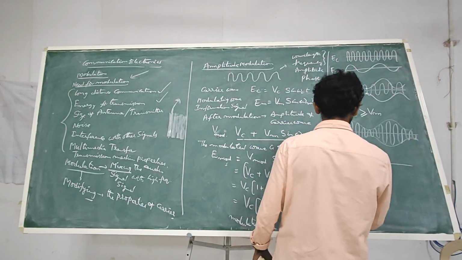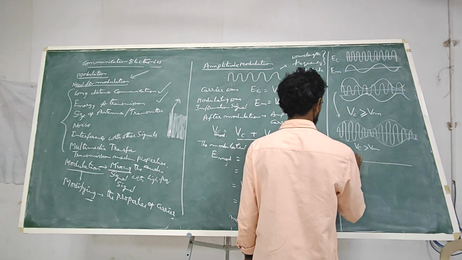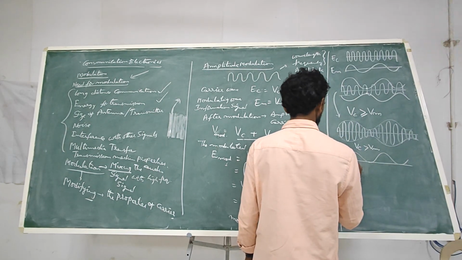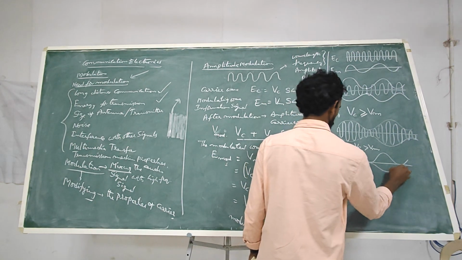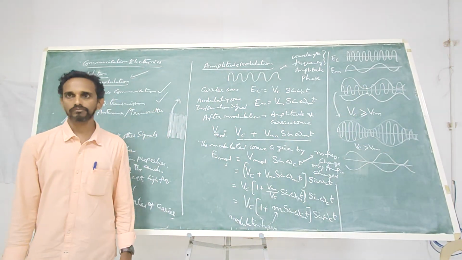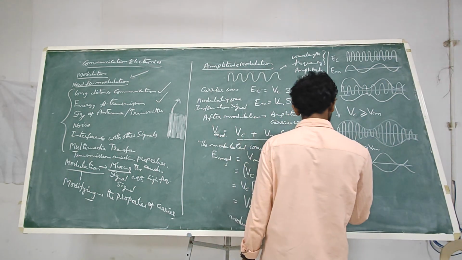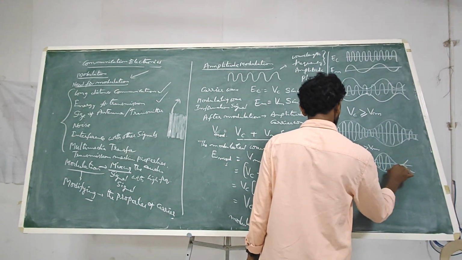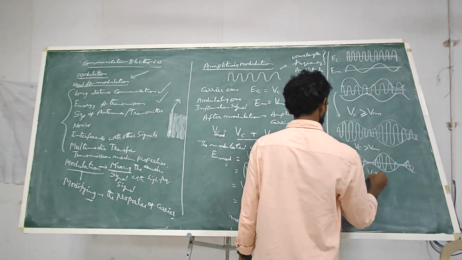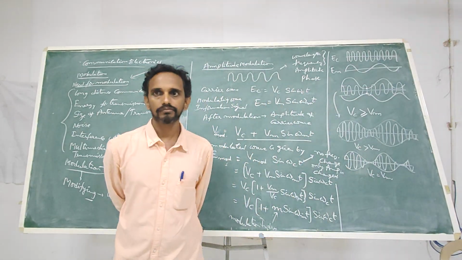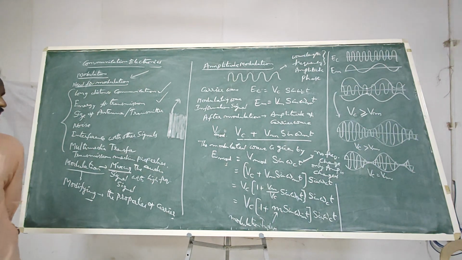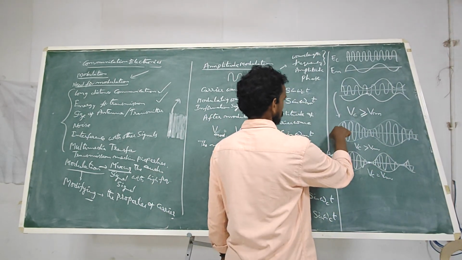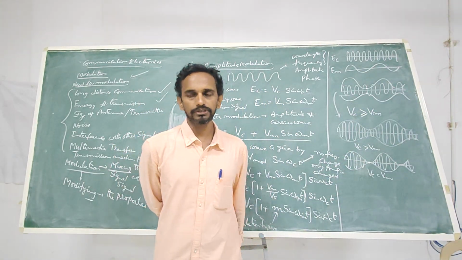If it is equal, these two profiles will superimpose. If both are equal, negative Vm will be equal to positive Vc. So we will say 0 dot.